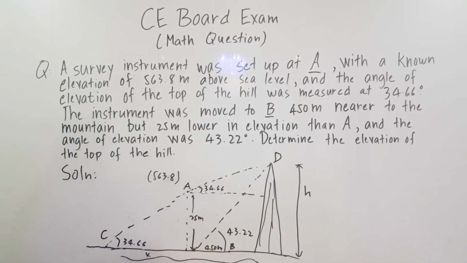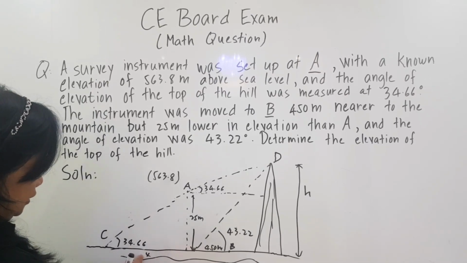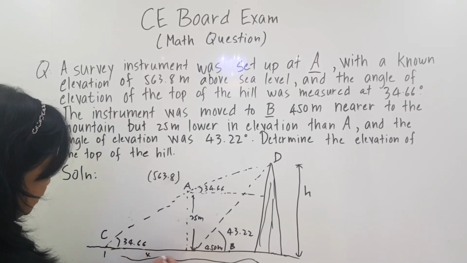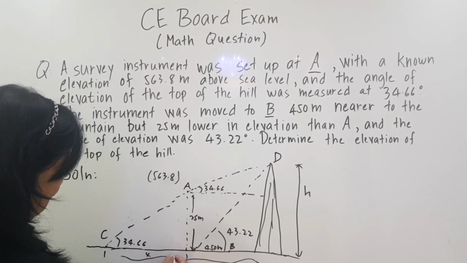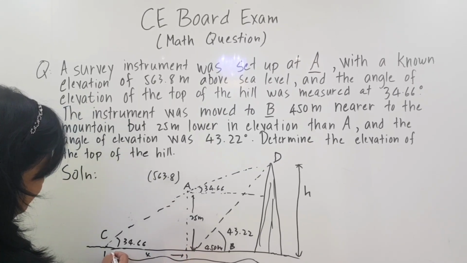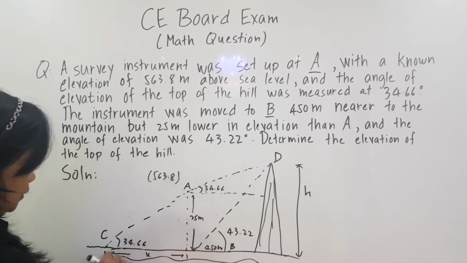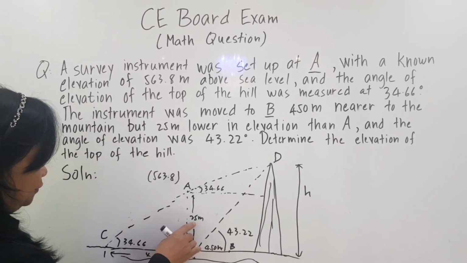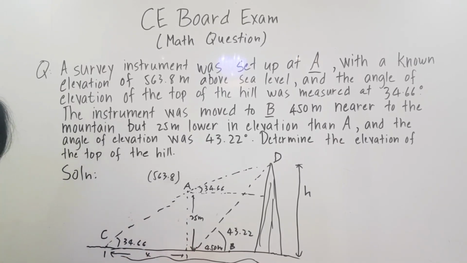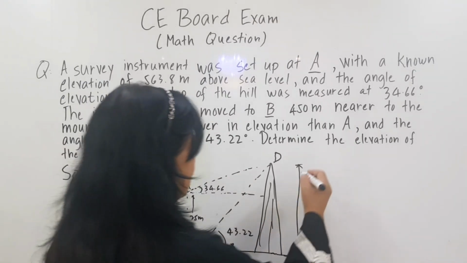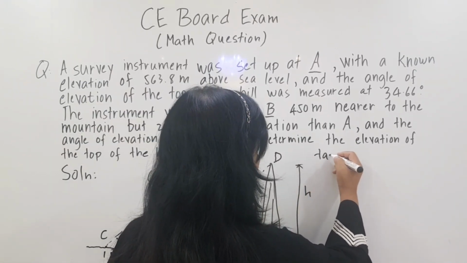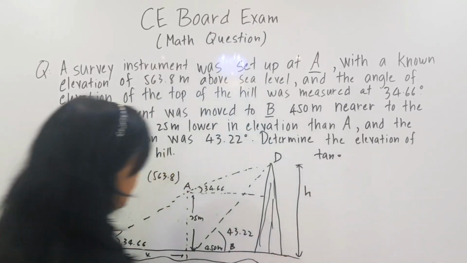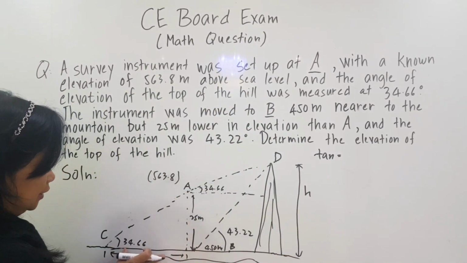Now we can determine x, from here to this one, using the tangent formula. Tangent of 34.66 is equal to 25 over x. Tangent is equal to the opposite over the adjacent.